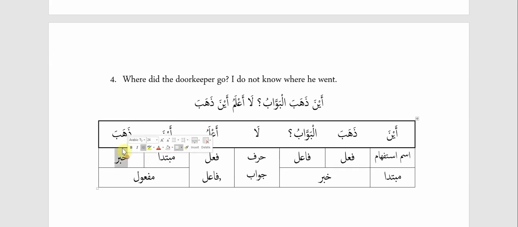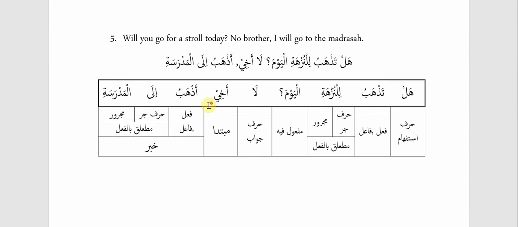Mubtada is followed by khabar, which is where he went. And these two together are going to be your maf'ul, your object of what you do not know. So in both cases, your khabar or your maf'ul can be entirely complete sentences. And that's how they're attached to the original construction. أين ذهب البواب؟ لا أعلم أين ذهب.